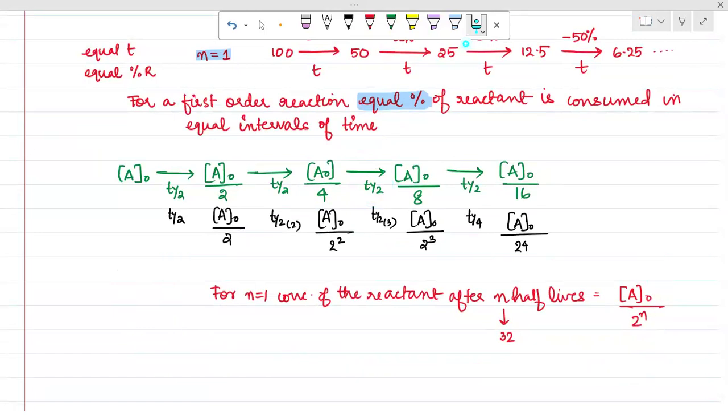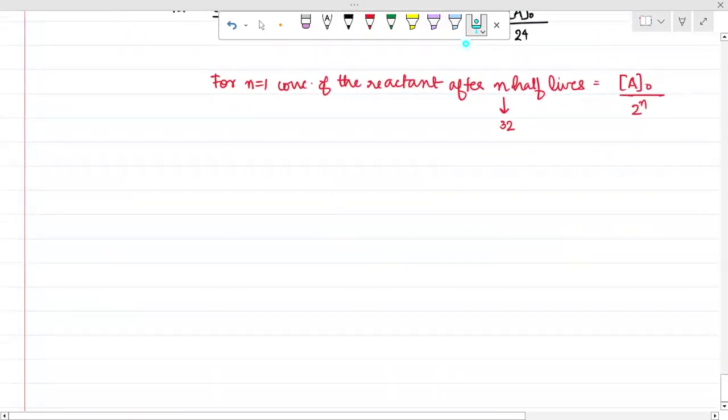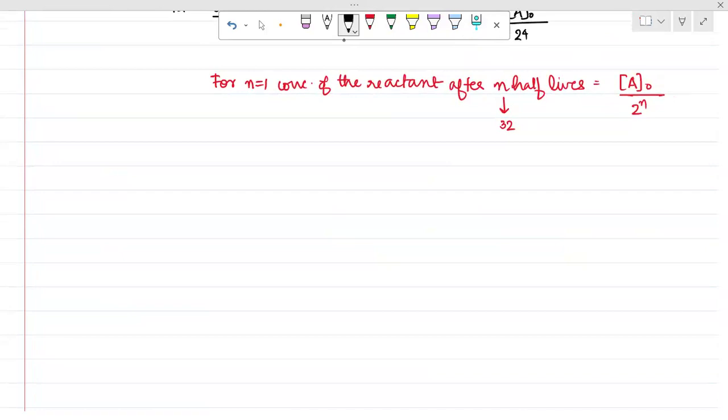Take down a question. Question number 19.